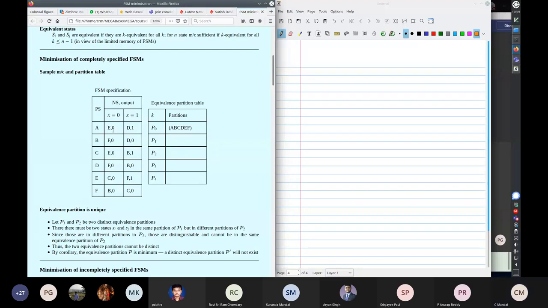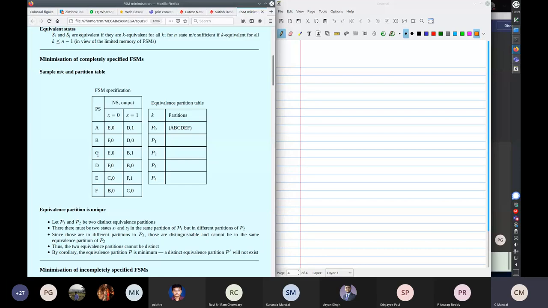Actually for input 0 you cannot make any distinction, right? Because if you give the input 0, no matter in which state you are, the output is always 0. But if you give the input 1, if you are in state A, you get an output 1.